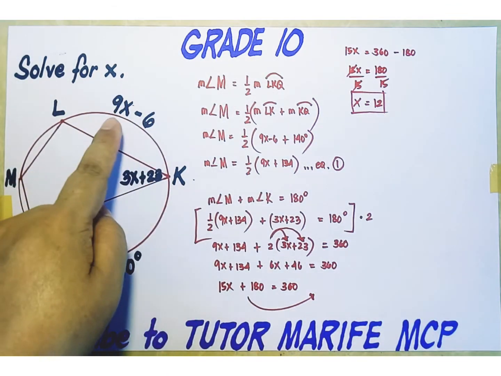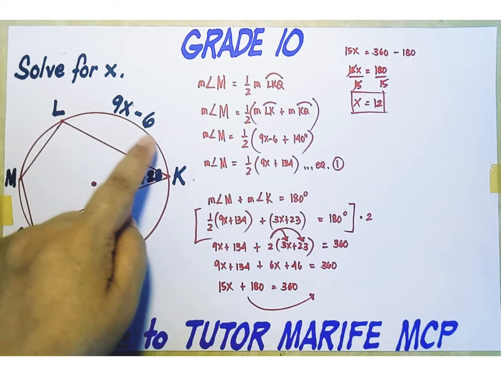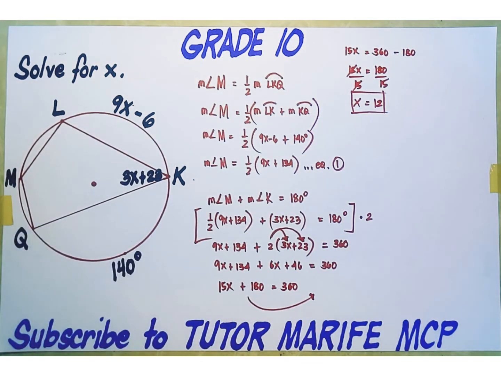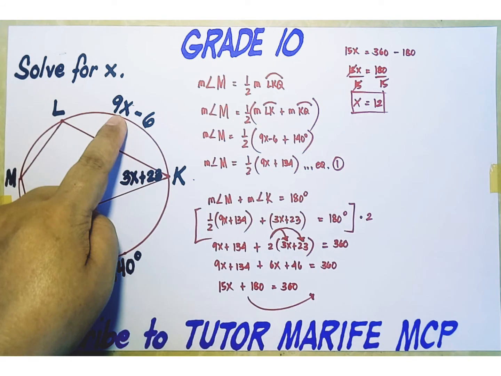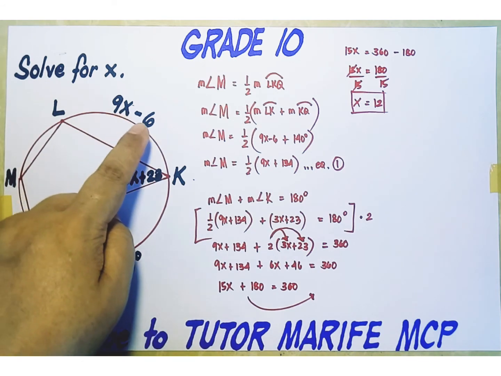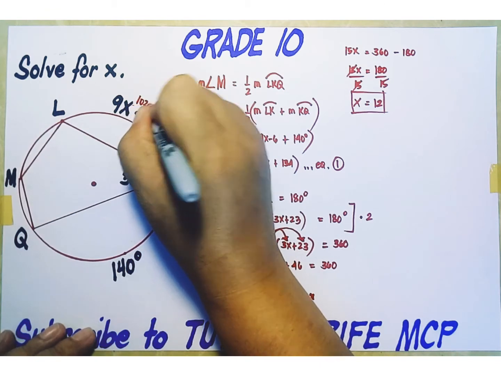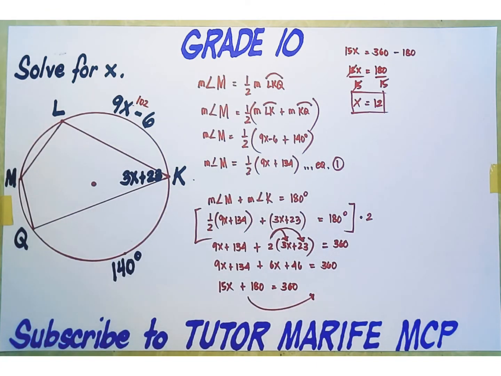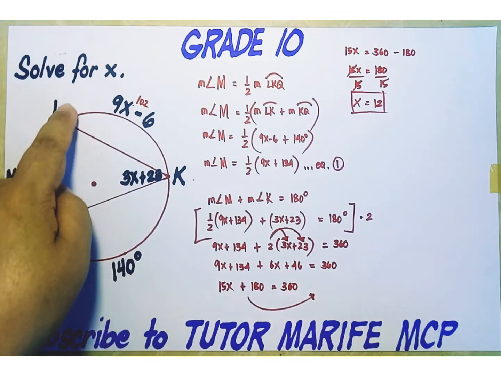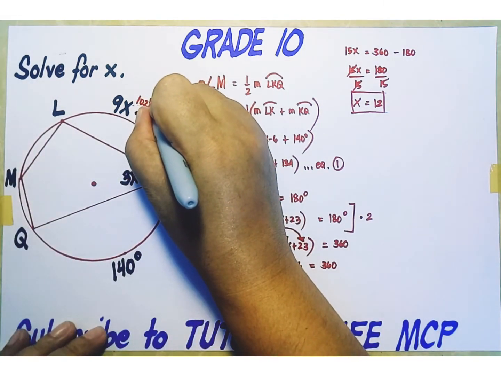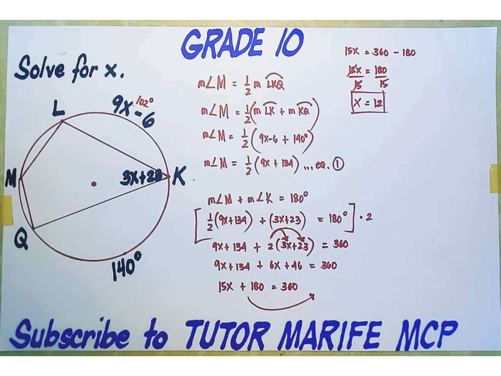For this expression, 9x minus 6, let's replace x with 12. 9 times 12 is equal to 108. 108 minus 6 is equal to 102. We now know the actual measure of arc LK, and that is equal to 102 degrees.